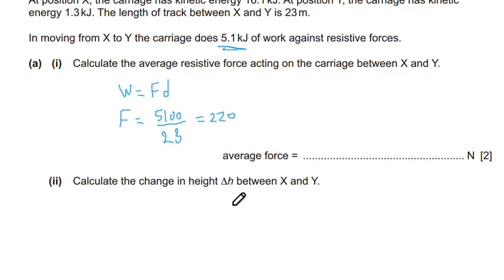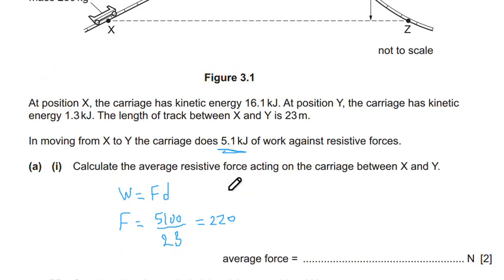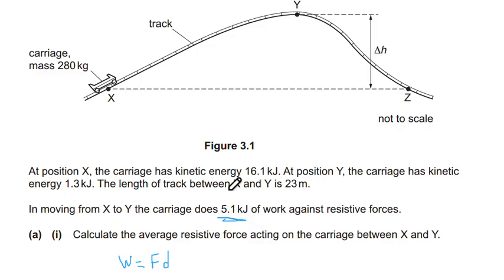Okay, it is clear that we will use the formula for delta GPE. So we should note here that the changing kinetic energy from X to Y is converted to increase in GPE and to work done against the resistive force.